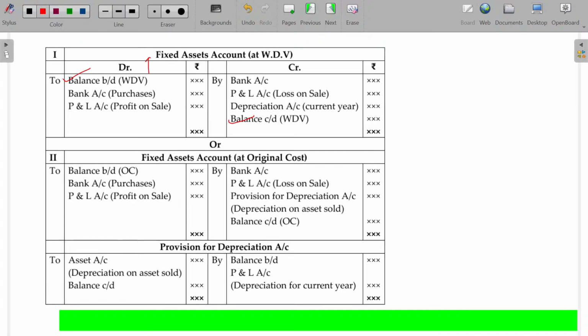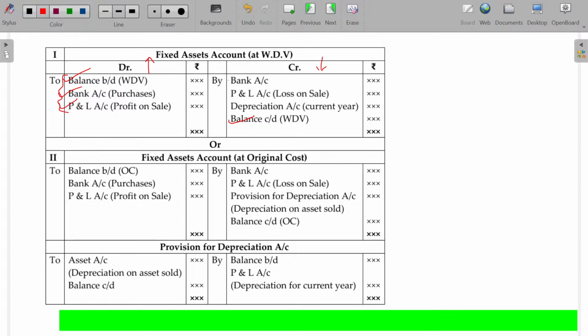The transaction which increases the value of the assets will be posted on the debit side. The transaction which reduces the value of the asset will be posted on the credit side. Bank, a new purchase increases the value. On sale, if you are getting profit, it means you are getting more than its book value. So these are the 3 items most probably will appear in the debit side.